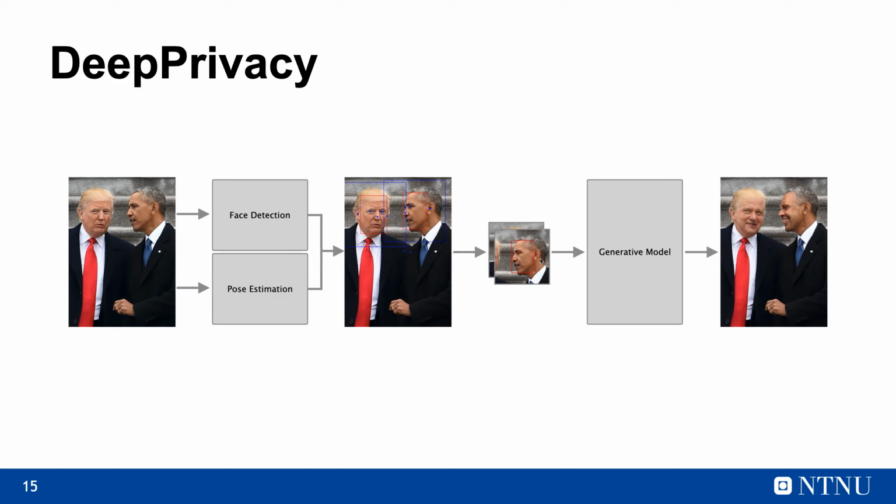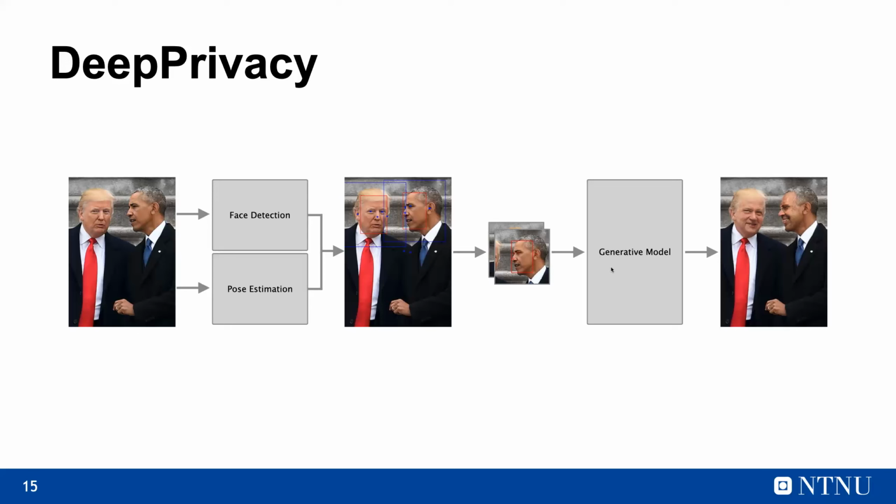Face detection is quite easy, or there exist methods that achieve almost 99% recall on faces. And pose estimation is also very good at this stage. However, generative models for face anonymization haven't really been up to the task, or at least before this work.